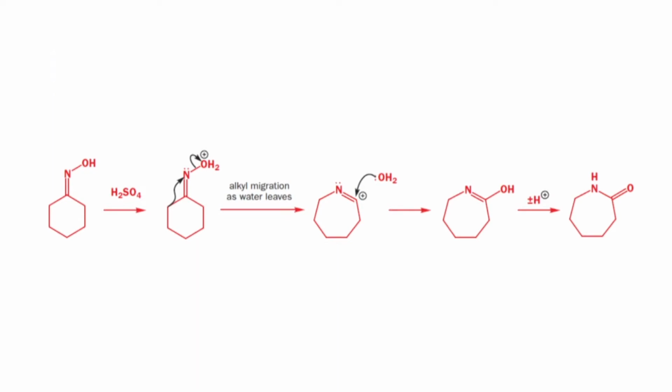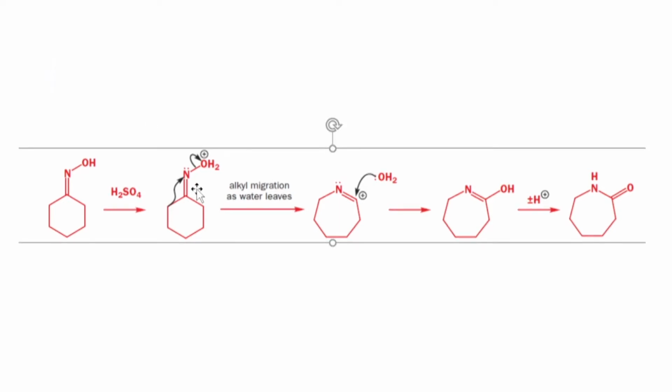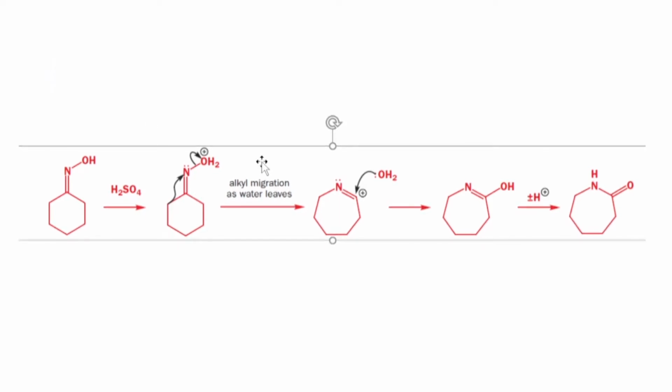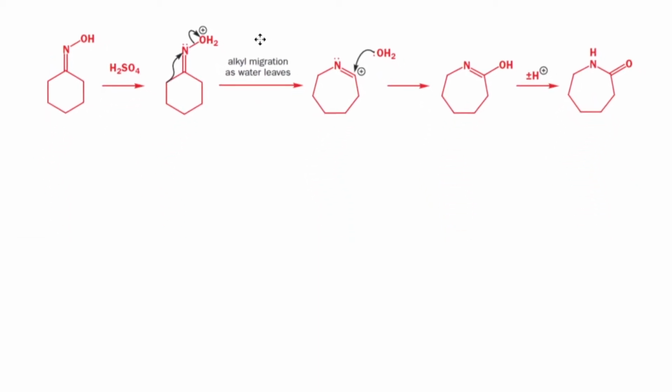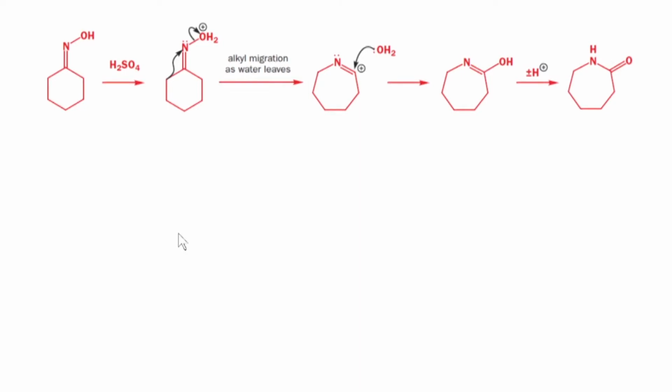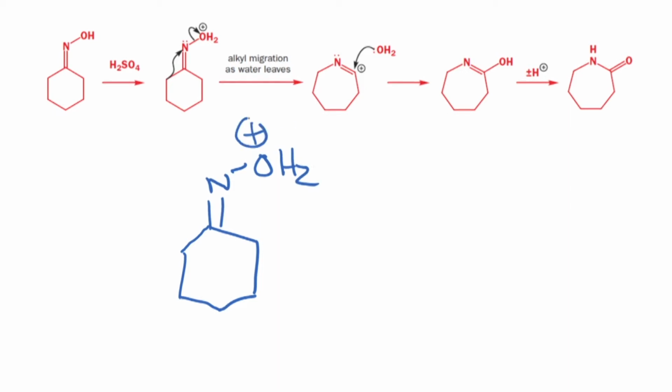So what I'm going to do now is go through this step a little bit in detail so that we understand this. I'll just draw out this key step here so that it's easy for us to follow. So this contains a cyclohexane ring, and I'm just going to number this so that we understand this migration better.